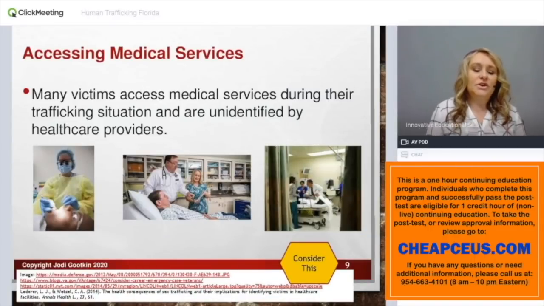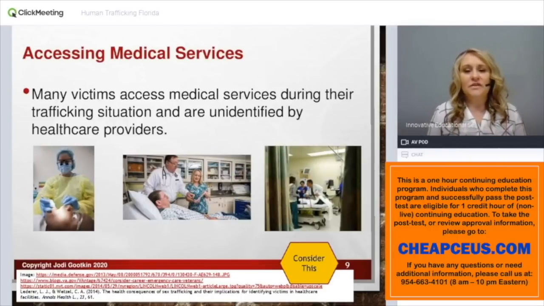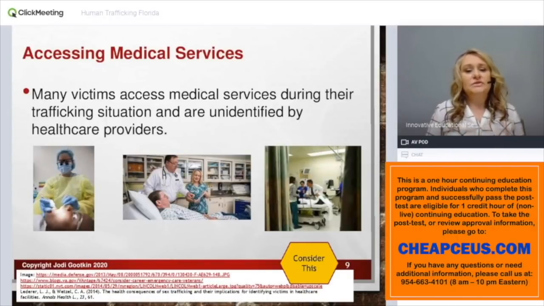You might find it interesting to note that traffickers do seek medical services for the individuals that they are trafficking. It unfortunately happens when they have sustained severe acute injuries from abuse or workplace injuries. They have developed infections or chronic disease, and they do take them to seek medical services.